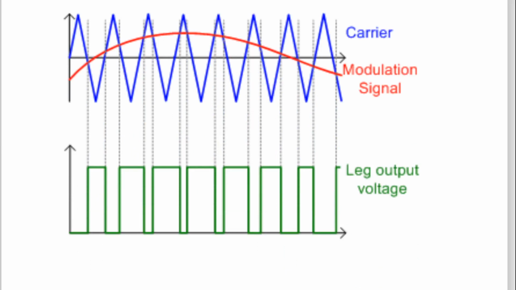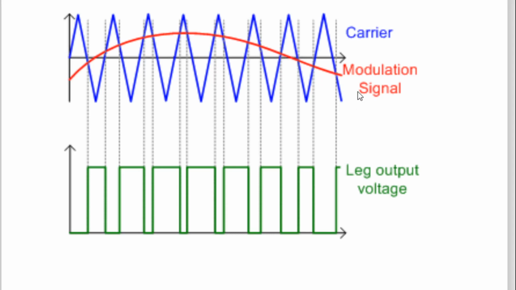Observe the diagram very carefully, because if you observe the diagrams carefully, you will get all the answers. Here it is written modulating signal. So the sine wave is the modulating signal. Only the positive half cycle of the sine wave is shown, and the negative half cycle is on this side.